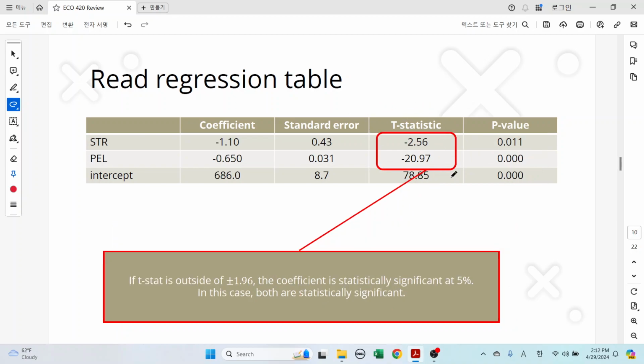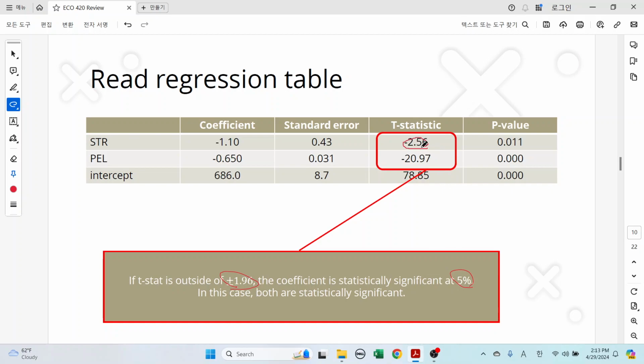And the t-statistic is basically some transformation of the p-value. As a rule of thumb, a 5% p-value is equivalent to plus or minus 1.96. So the larger the absolute value of the t-statistic, the more statistically significant, and outside of plus or minus 1.96, it is statistically significant at 5%.